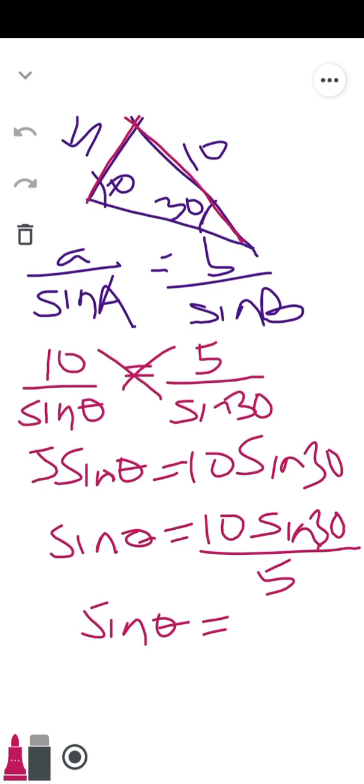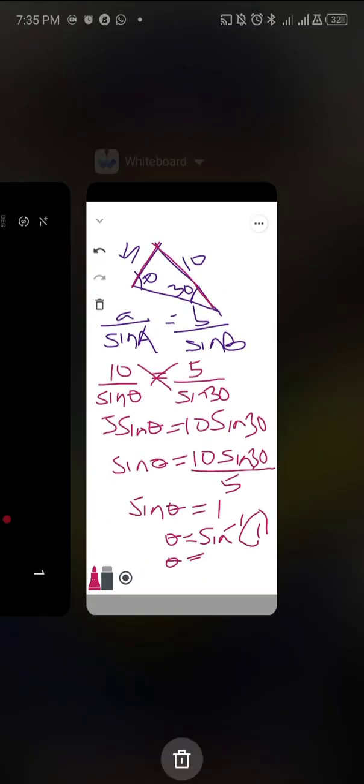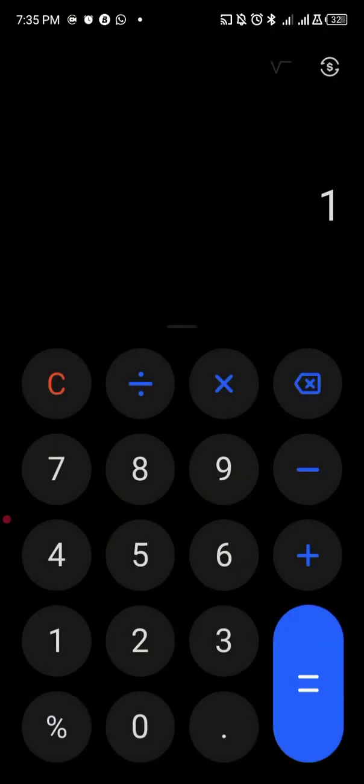So theta will now be equal to sine inverse of 1. What is the sine inverse of 1? That is 90 degrees.